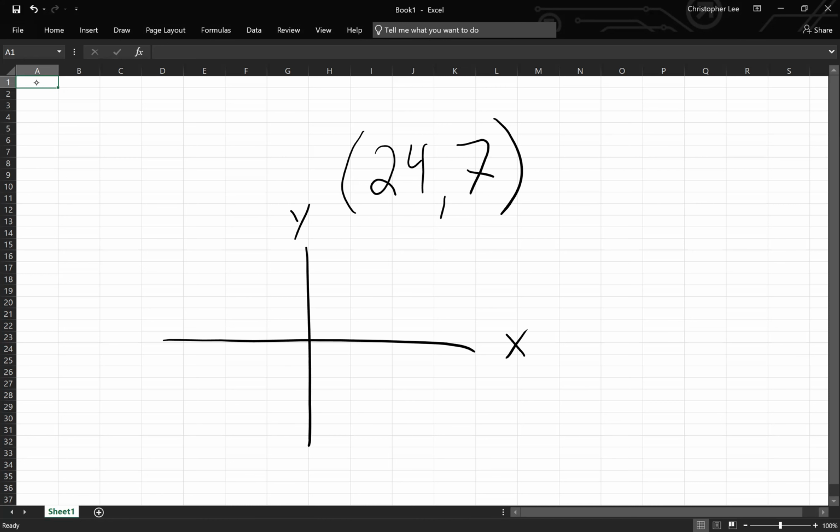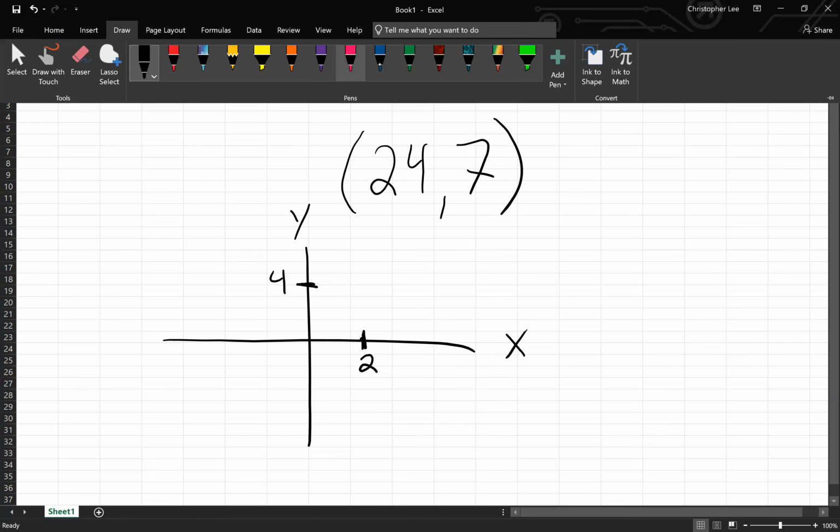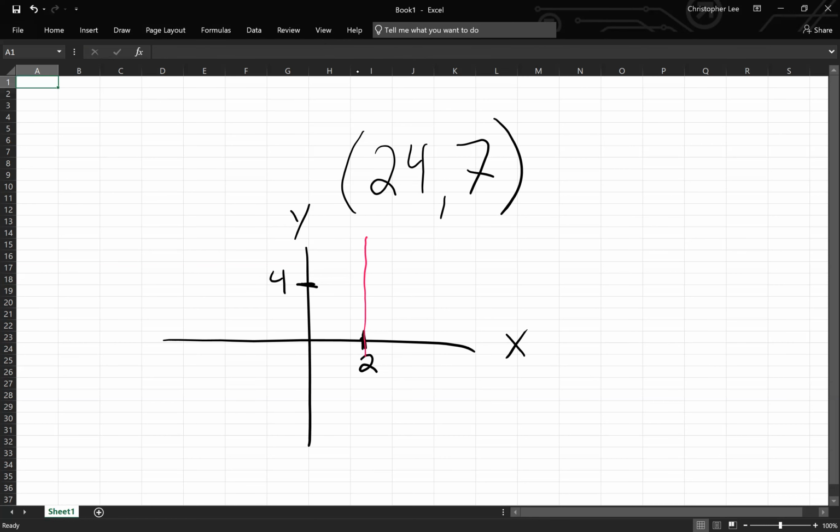This is kind of a small graph, so just bear with me. Let's say that, for example, this was the number 2. I'm just making it up. And then up here, this is like the number 4, making that up. So this line right here, that's going down vertically, crosses which axis? The x-axis, right? So this is actually x equals 2.